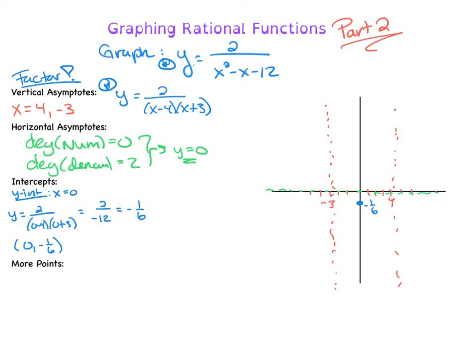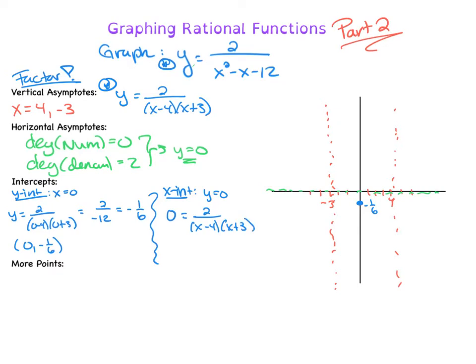Okay, and then to find the x-intercept, and this is a really important part, we would set y equal to 0. Just like in the previous video, when we set y equal to 0, we have 2 over (x minus 4)(x plus 3).